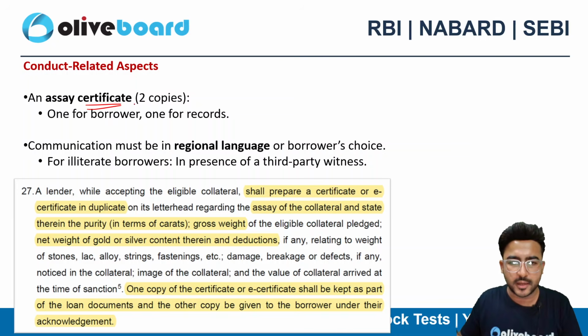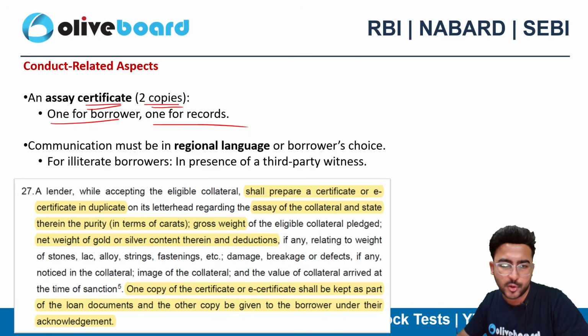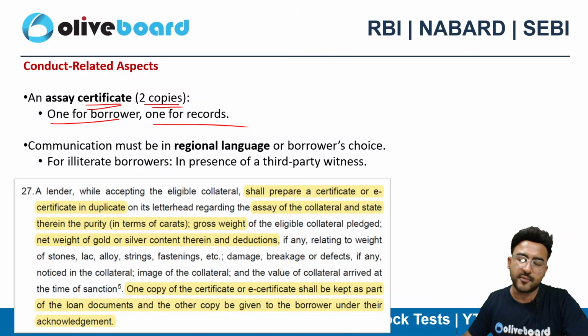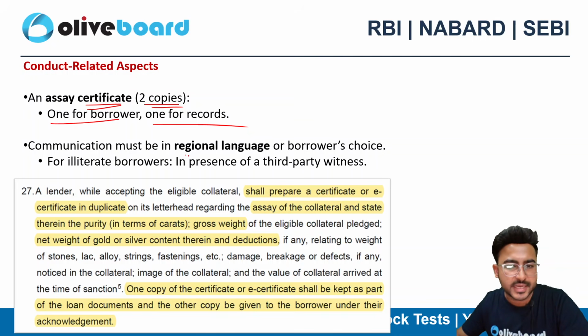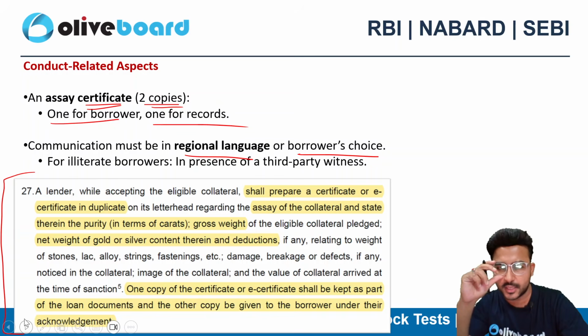Two copies of this certificate should be there, one for the borrower, one for the records. One will be given to the borrower stating that your gold or silver has this kind of purity, and one will be kept for our record purposes. Communication must be in the regional language or the borrower's choice, right? So that's what is written here in this particular screenshot from the circular.